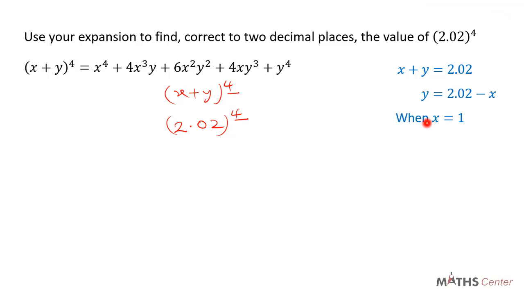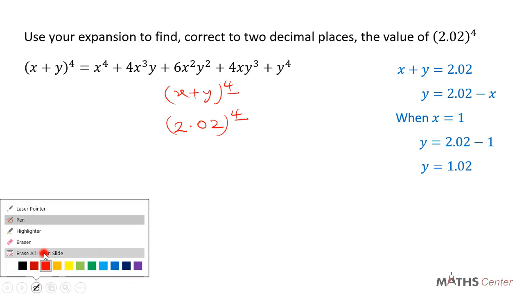So here I'm going to choose x is equal to 1. So if I choose x is equal to 1, I'll substitute it into this equation to get y. When I do that, I'm going to have y is equal to 2.02 minus 1. And that gives us y is equal to 1.02.